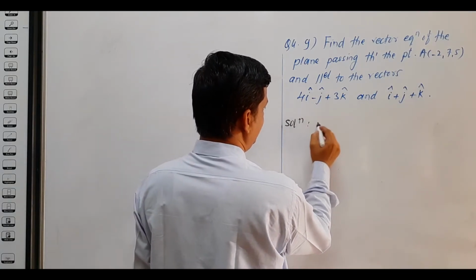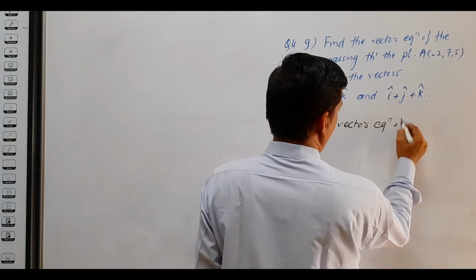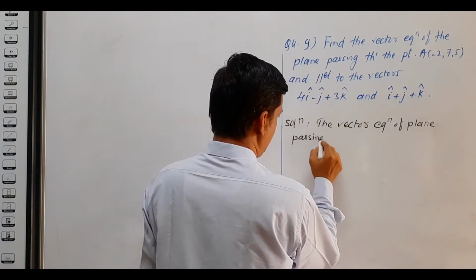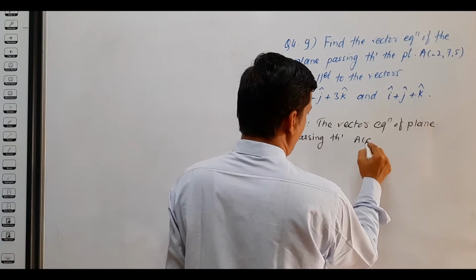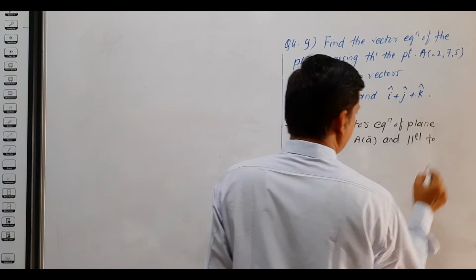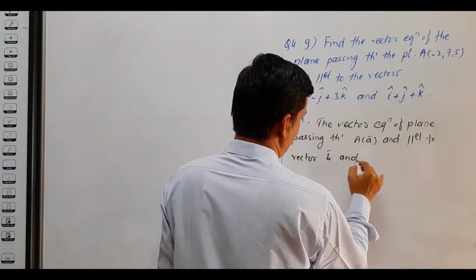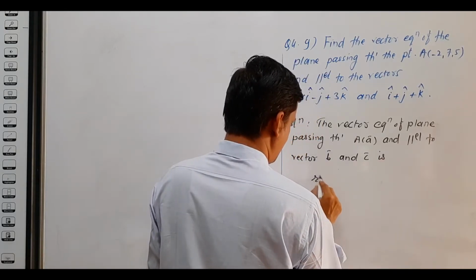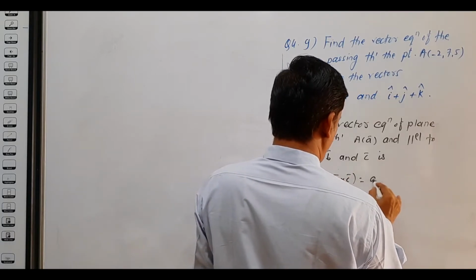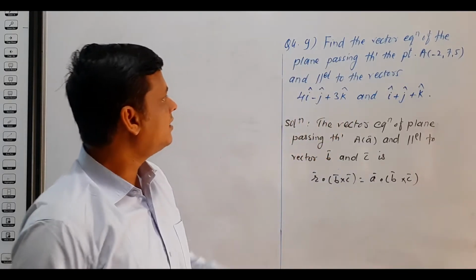First we write the vector equation of the plane passing through a-bar and parallel to vectors b-bar and c-bar is r-bar dot b-bar cross c-bar is equal to a-bar dot b-bar cross c-bar.